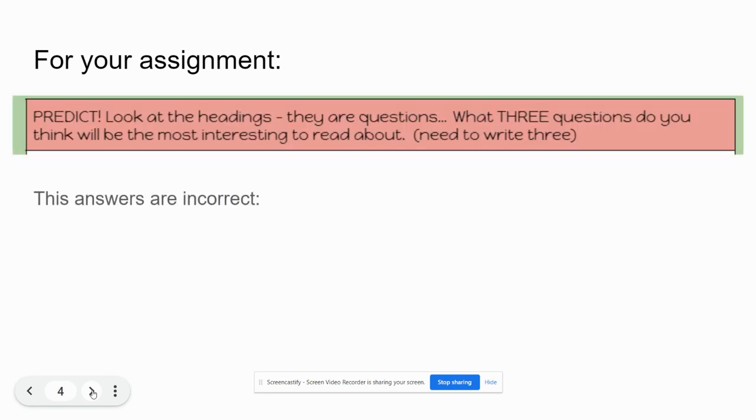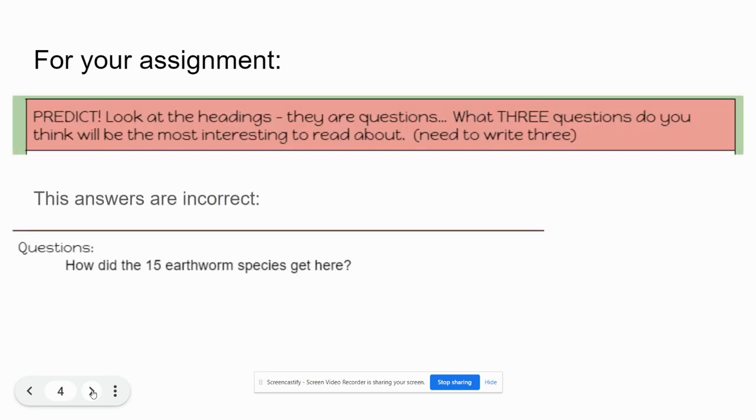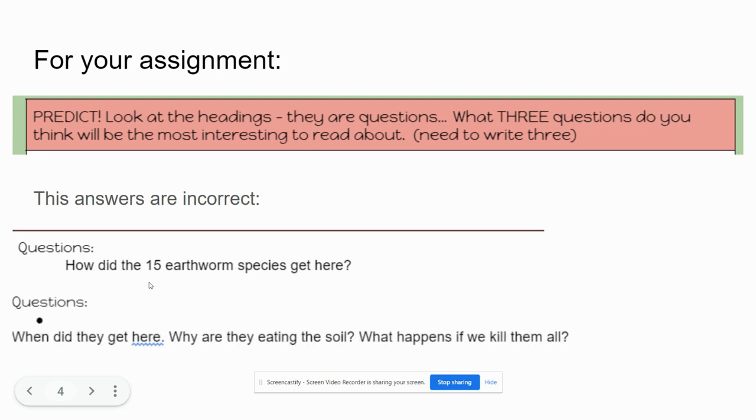So these answers are incorrect. This is what somebody wrote. They did write, how did 15 earthworm species get here? That is one of the things, but I say that you need to write three of them. Same here. This person made up their own questions, which is great. I love that.